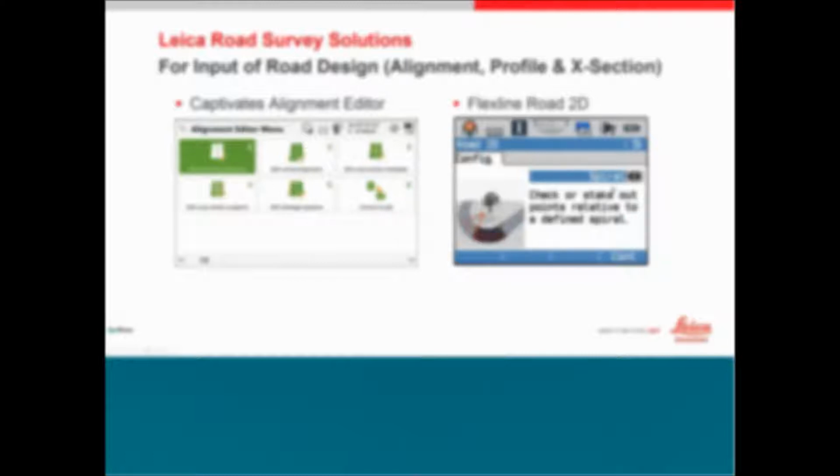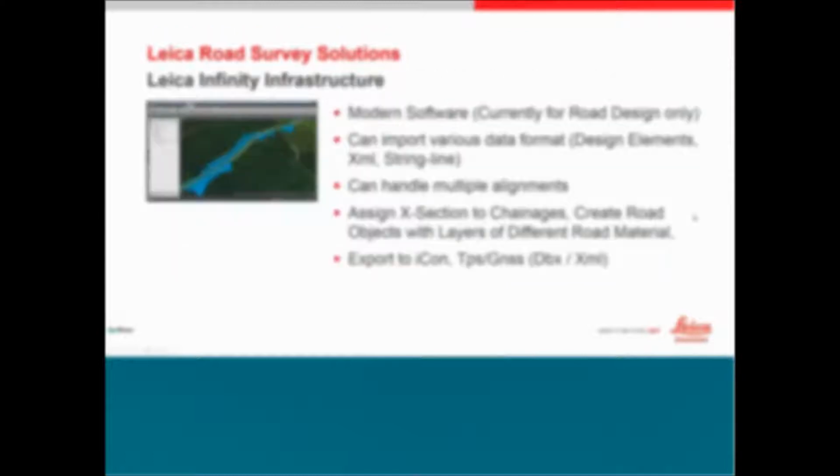And for Road 2D, we can input the alignments element by element. Now the features that we have in Leica Infinity Infrastructures. This is a very modern software, so a lot of things can be visualized from the screen. It can import various data formats, design elements, XML or string lines, and can handle multiple alignments.